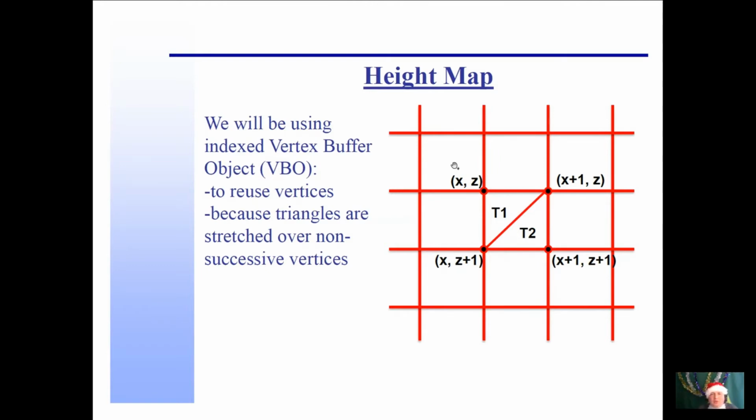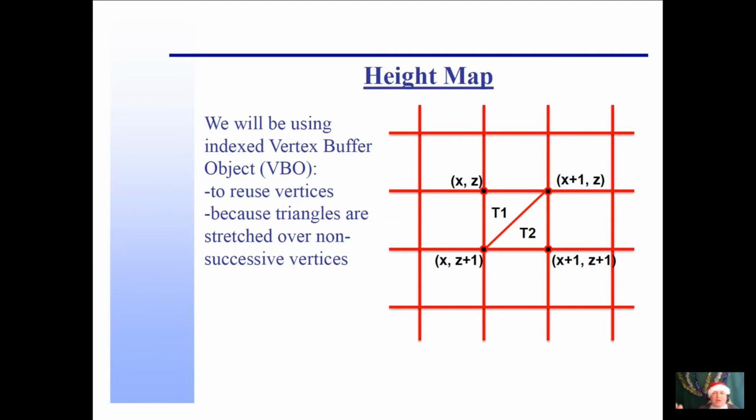So if this is position x z, this is position x plus 1 z, so probably consecutive position in the buffer. But then we have all other vertices, and between this vertex and this vertex, there is a considerable distance.